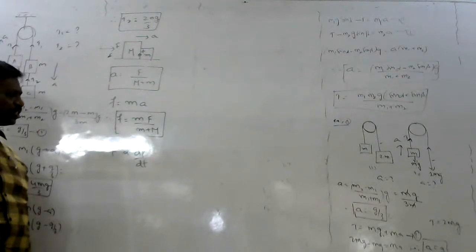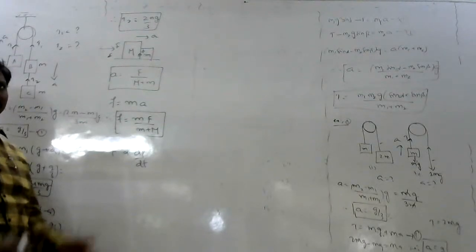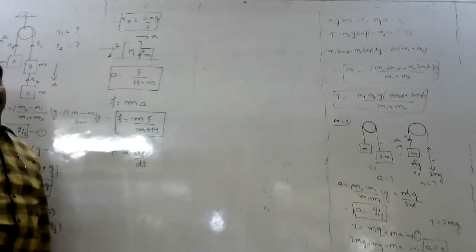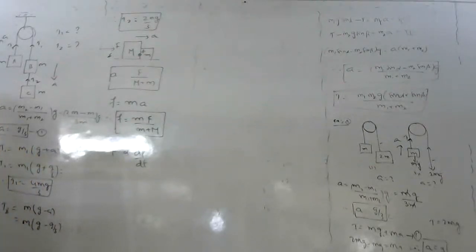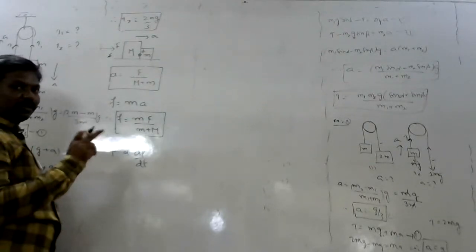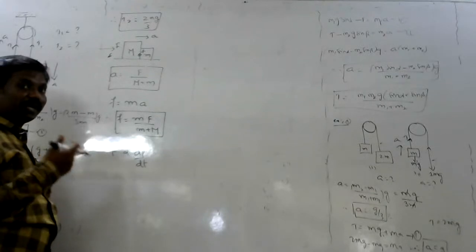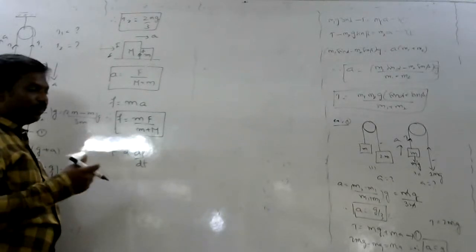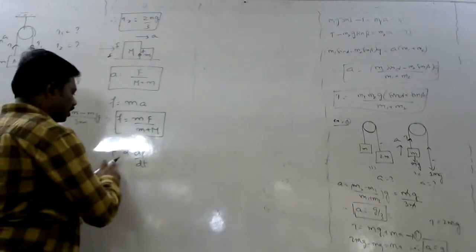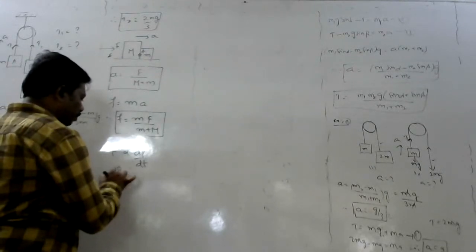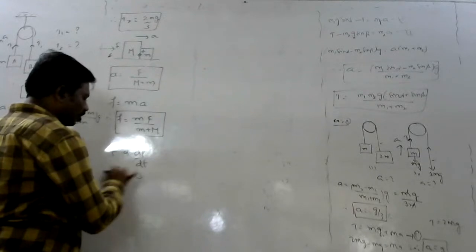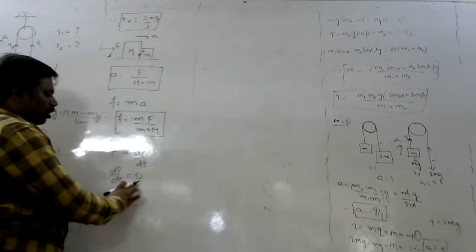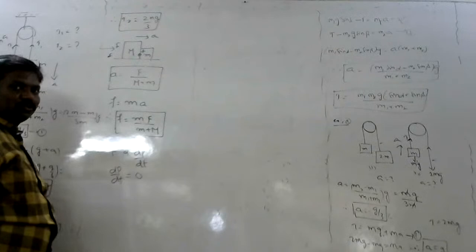The law of conservation of linear momentum means in the absence of external force, net momentum remains constant. That means dp by dt is equal to 0. No external force means F is equal to 0.